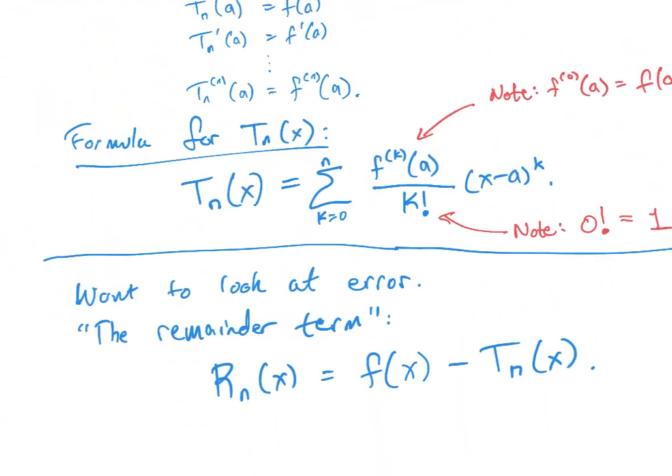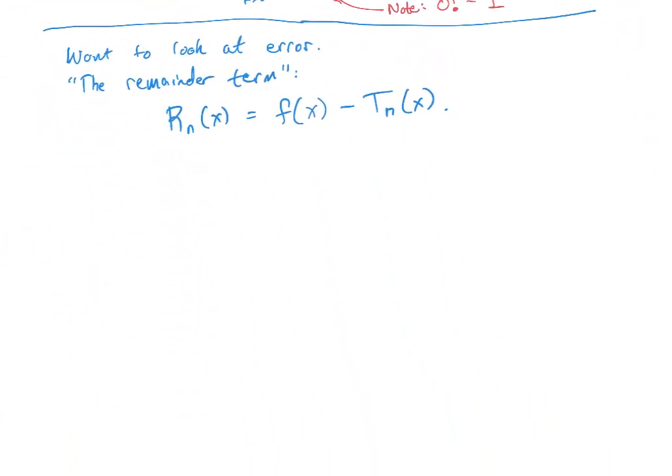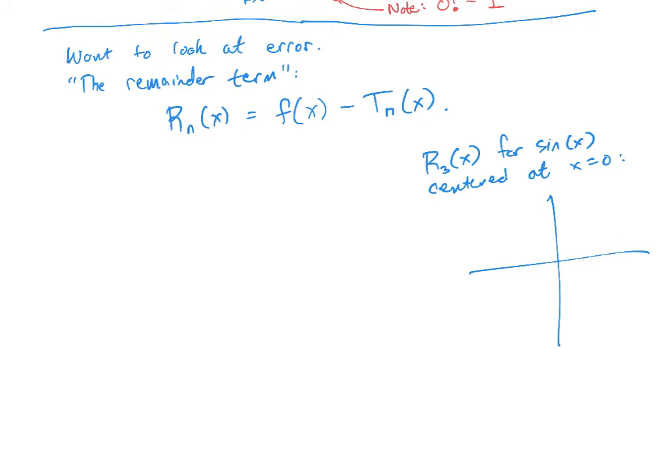Okay, so if we plotted that, it would be R3 of x for sine of x, centered at 0. And it would roughly look like, at 0, it's 0, and then it increases very slowly up until it does something like that.